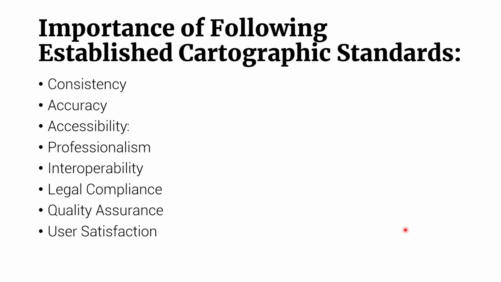The fifth one is interoperability. Maps created following established standards are more likely to be interoperable with other mapping tools and systems, facilitating data sharing and collaboration. So, pagka gumamit tayo ng Quantum GIS, oh no, no. If the national agency is using Quantum GIS, make sure that you are also using Quantum GIS. Or vice versa, if they are using ARC, you must also use ARC. But at the end of the day, they are using one file only.